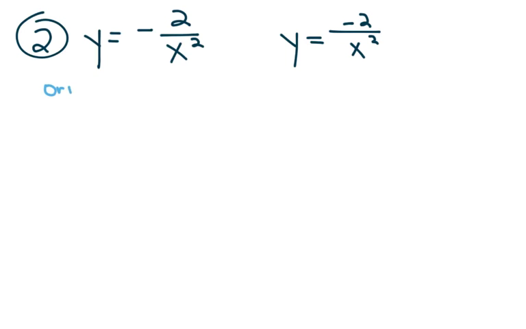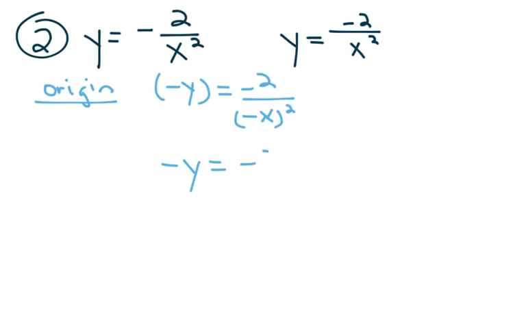So when I check symmetry over the origin, if I replace x and y with negative x and negative y, will I get the same equation I started with? Well, the denominator becomes positive x squared, and then these two negatives both cancel each other. That is not the same equation I started with.